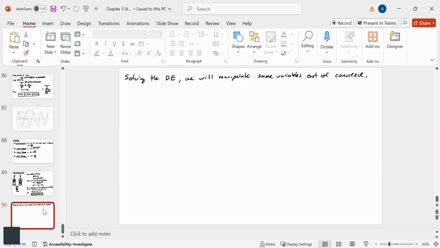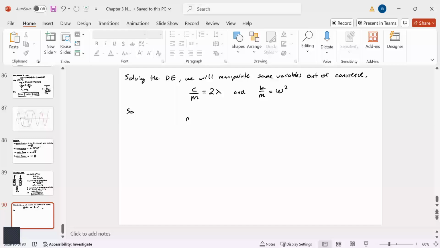So the first transformation we're going to make is that we're going to say c over m is equal to 2 lambda. Where does the 2 come from? If you remember, we have to divide everything by 2 in the quadratic formula, so that 2 is just there to make life easier. And the other one is k over m is equal to omega squared, right?